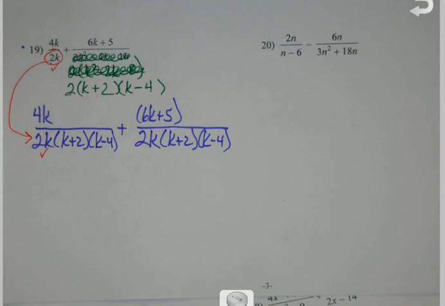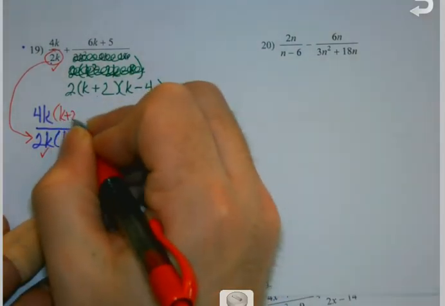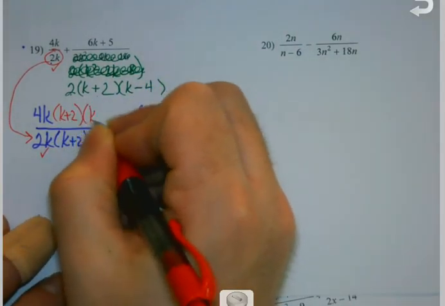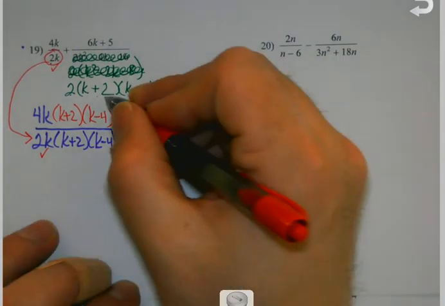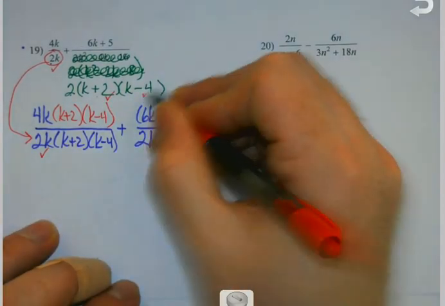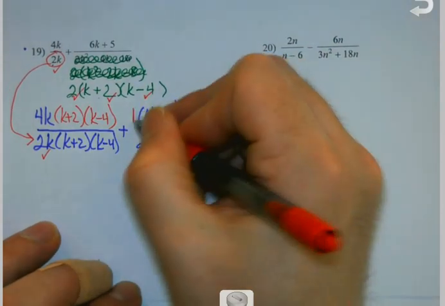Yuck. So, we're going to have a little house cleaning to do here in a minute, but that's not going to be terrible. But on a nice point, there's going to be very little we have to do to the second one. It would just be k, because I get rid of all those, and I check the 2, but I didn't check the k. So I'm going to tuck that in front here.